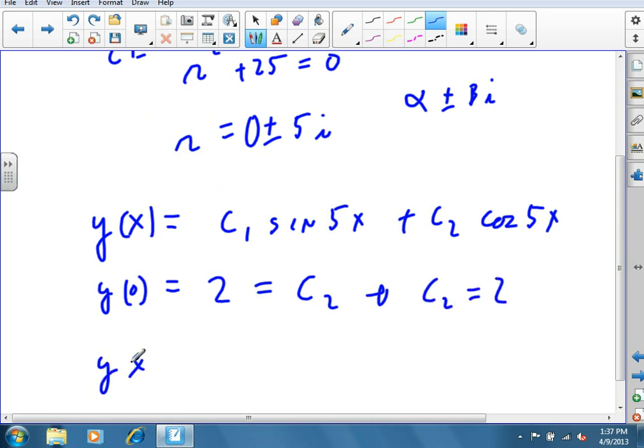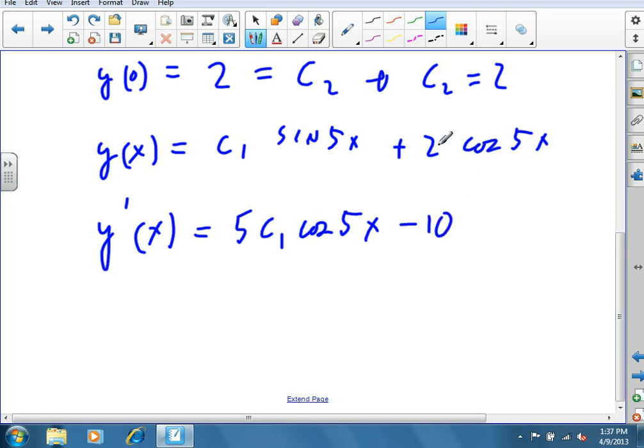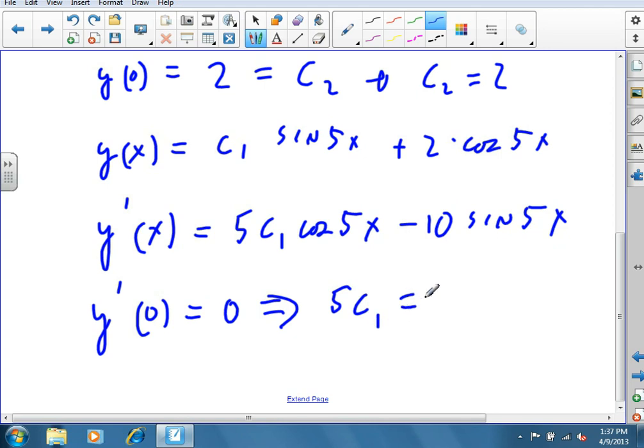So y of x becomes c1 sine 5x plus 2 cosine 5x. y prime of x is going to be 5 c1 cosine 5x minus 10 sine 5x. y prime at 0 is equal to 0, which implies that 5c1 is equal to 0, and that c1 is in fact equal to 0.